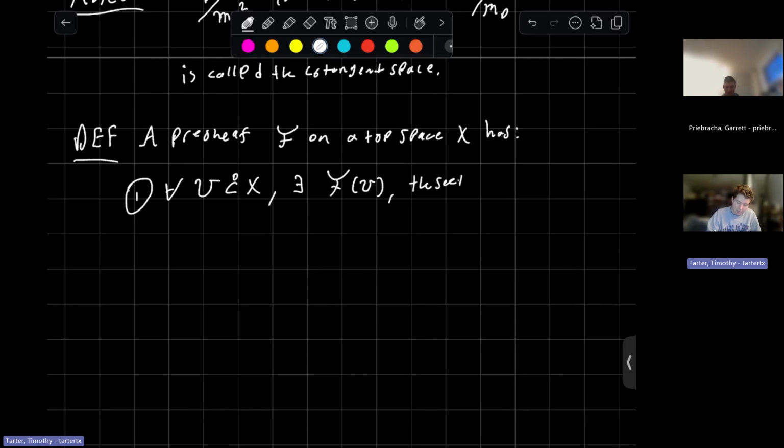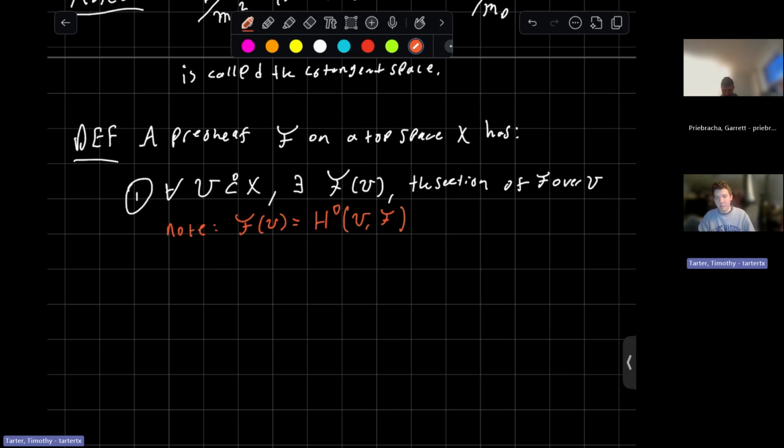So the sections of the pre-sheaf over U. An alternative notation for this that becomes very important, and that we'll know from homological algebra, is that F of U is also the zeroth cohomology of U over script F. So when we're talking about the cohomology of sheaves, this is the zeroth cohomology group.